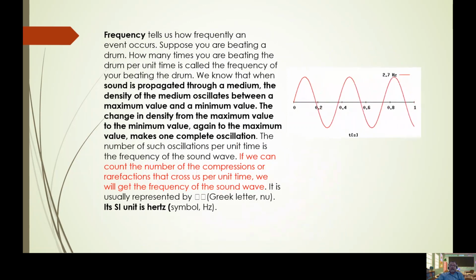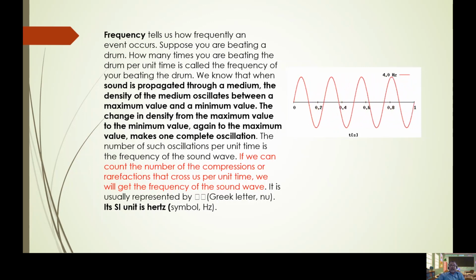Frequency. Frequency lets us know how frequently an event occurs. We know that when sound is propagated through a medium, the density of the medium oscillates between a maximum value and a minimum value.